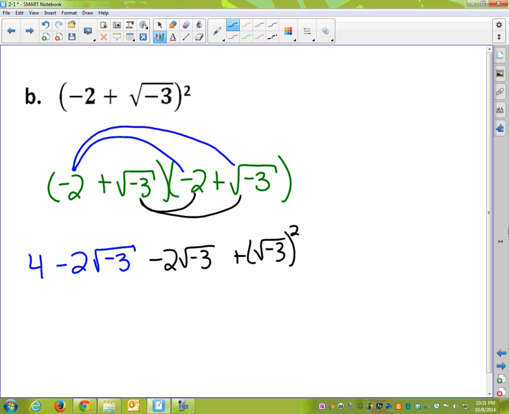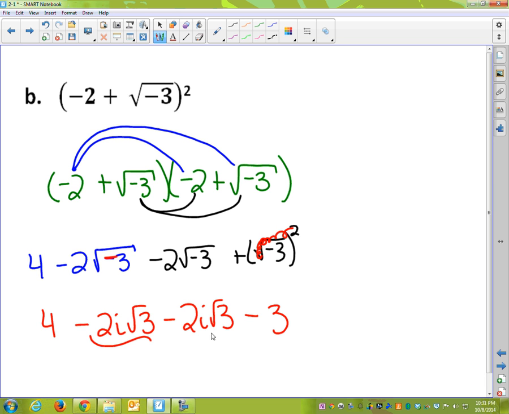Okay, let's simplify. 4. Now I'm going to bring the i out, representing that negative. So it's minus 2i radical 3, minus 2i radical 3. And here, when I have a square with a square root, they cancel each other out, leaving me with minus 3.